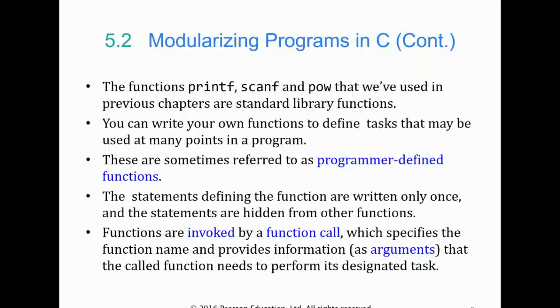It also makes your programs more portable, because if you're using functions in the C standard library, they will always be available to you, even if you're using them on Windows or Mac or some other operating system. printf, scanf, and POW are functions that we have used already. But you can also define your own functions, as I just said, right?